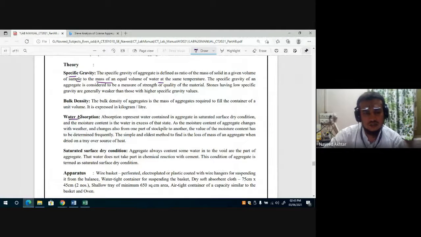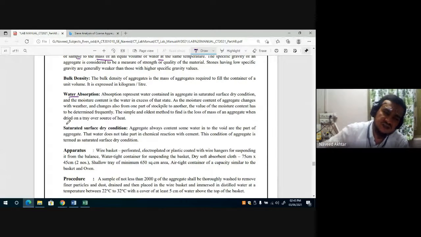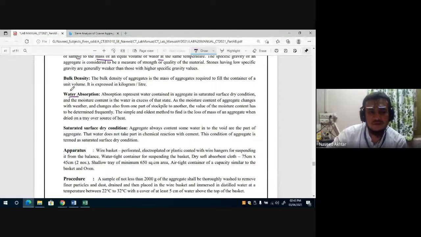In water absorption, the water absorbed by the aggregate is measured. If the pores are filled with water but the surface is still seen as dry by the naked eye, it is called the SSD condition.